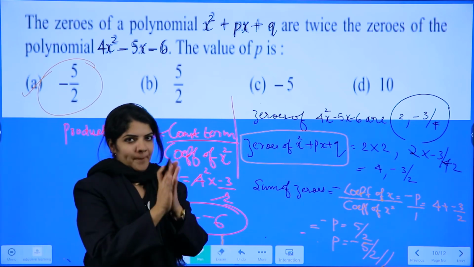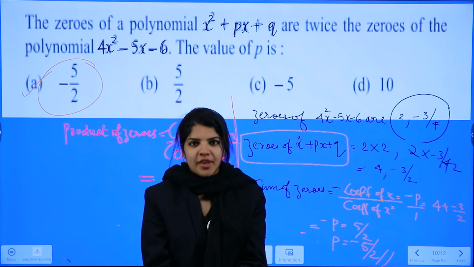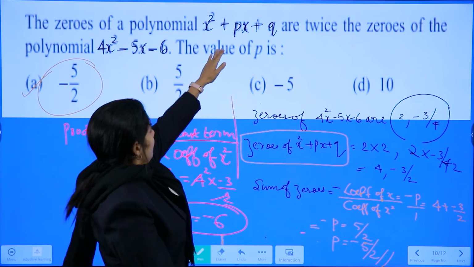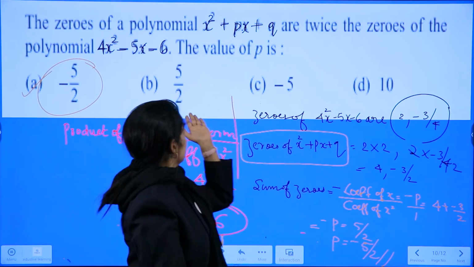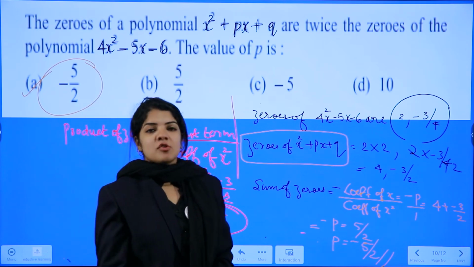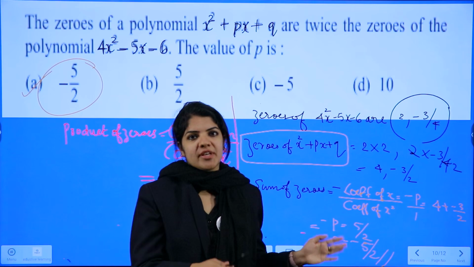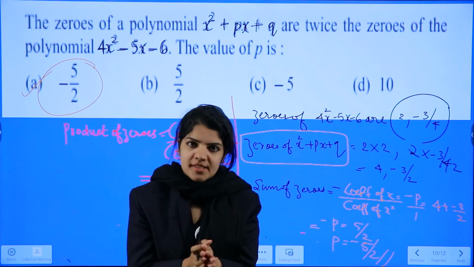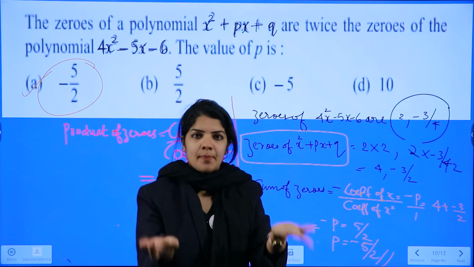So I will repeat. It is given the zeros of x squared plus px plus q is twice the zeros of 4x squared minus 5x minus 6. So first you have to find the zeros of 4x squared minus 5x minus 6. Once you find the zeros, we can find the zeros of this polynomial because it is double.